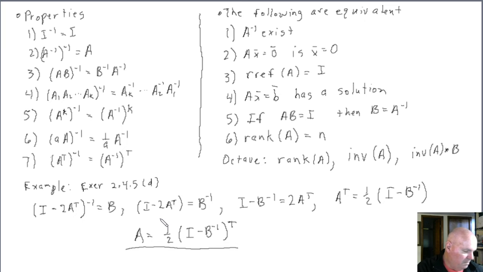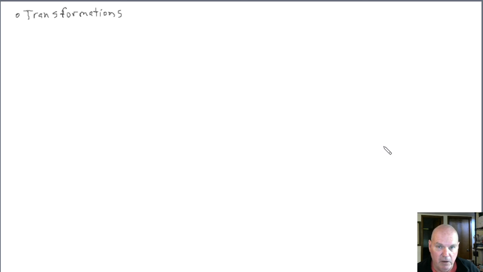Okay. One final thing that I'll mention is with regard to transformations. It was another way to view a matrix vector operation as a transformation on the vector. Here, and since we're talking about inverses, we're going to be dealing with transformations from an n-dimensional space to an n-dimensional space.